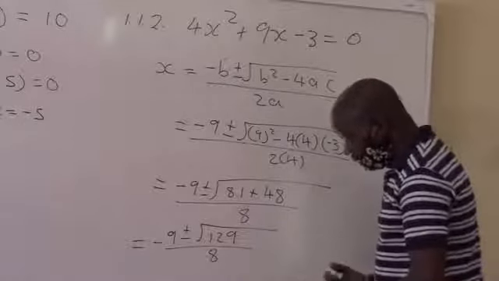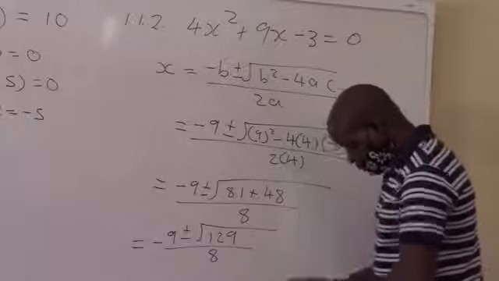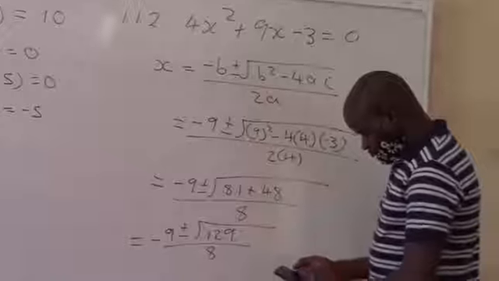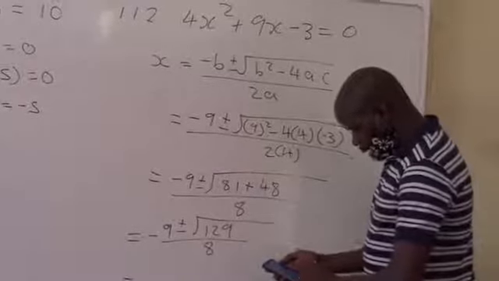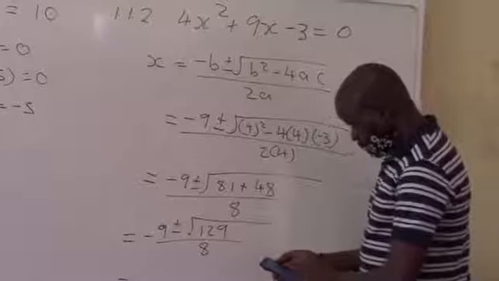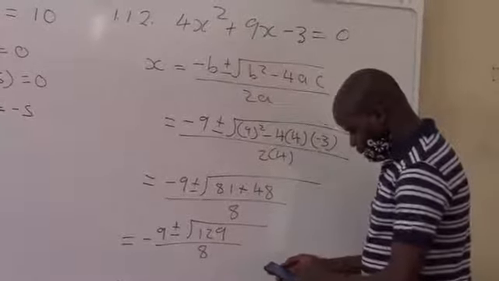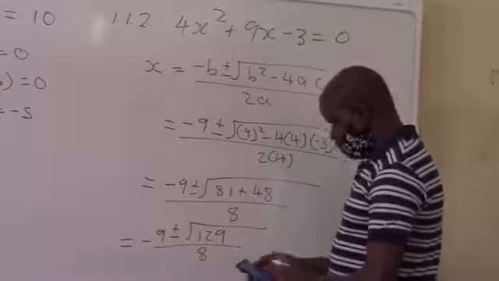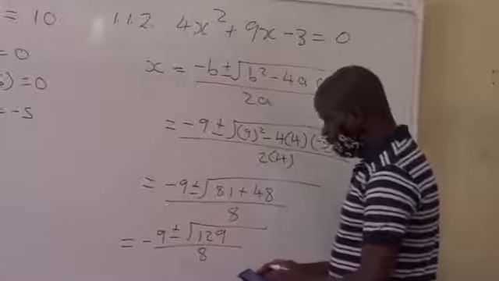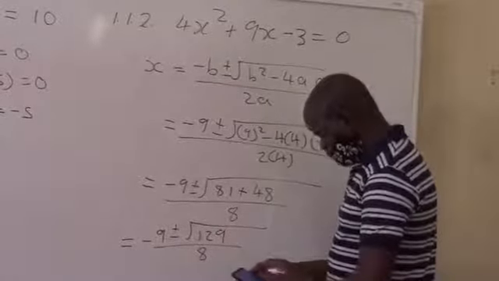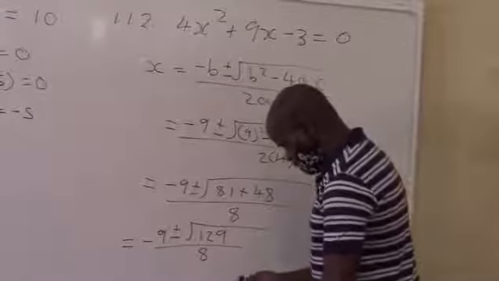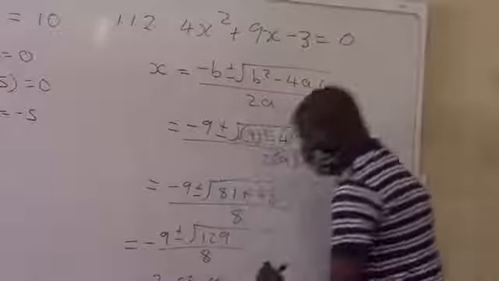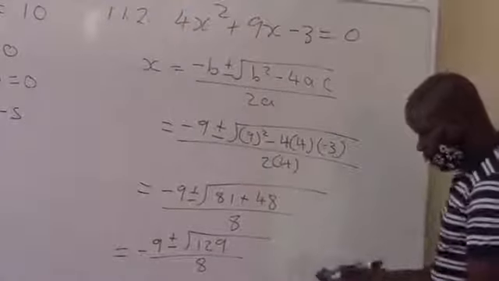Then we go on to say negative 9 minus 11,36. It will give us negative 20,36 divided by 8, and then we get negative 2,55.